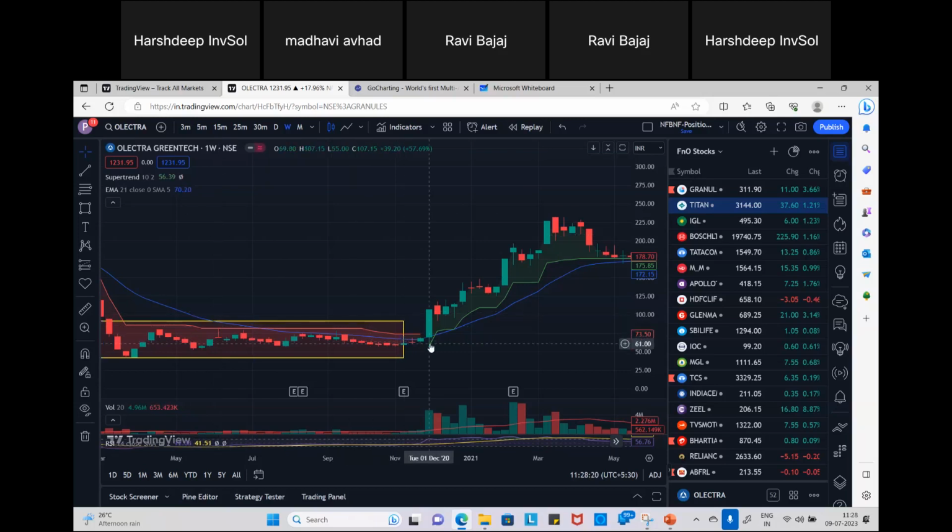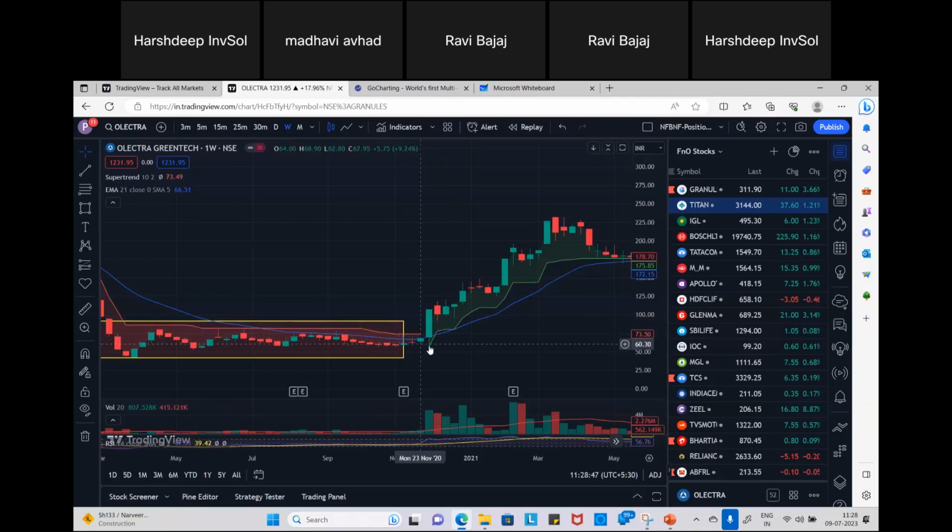So this candle has given you a positive direction, and this 21 moving average also gives you a confirmation because the short term trend has turned positive for this stock.